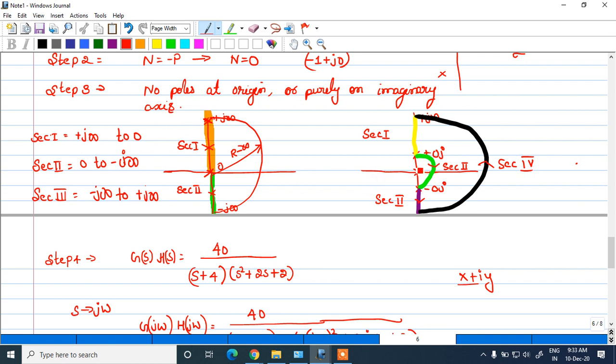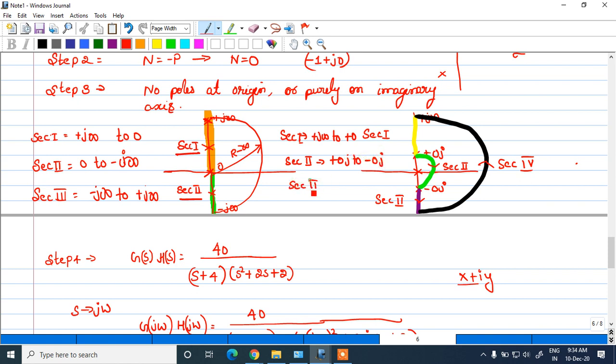Okay, Nyquist plot. Now here, can anyone tell me which sections are mirror image? So in this case, section 1 and section 2 is mirror image. Here, I will write section 1, plus j infinity to plus 0. Section 2, that is plus 0 j to minus 0 j.